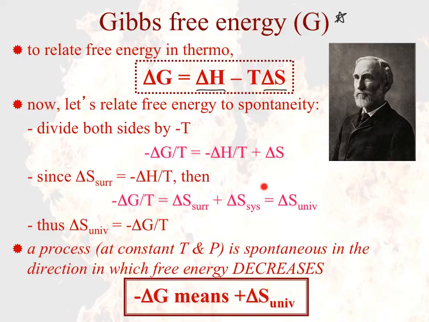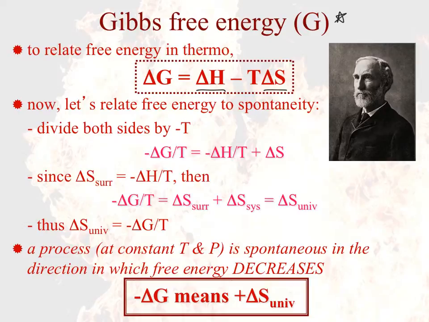Well, we've also taken this relationship that we've discussed in previous lectures and related it to Gibbs free energy. So the change in entropy of the universe is directly related to the negative change in Gibbs free energy with relationship to temperature. In a situation where you have a process at constant temperature and pressure, you're going to have spontaneity in the direction in which the free energy gets more negative, or decreases.